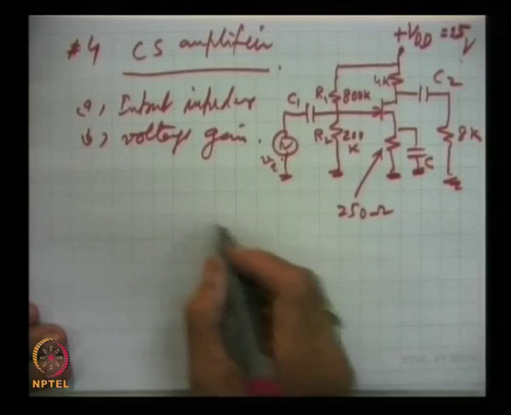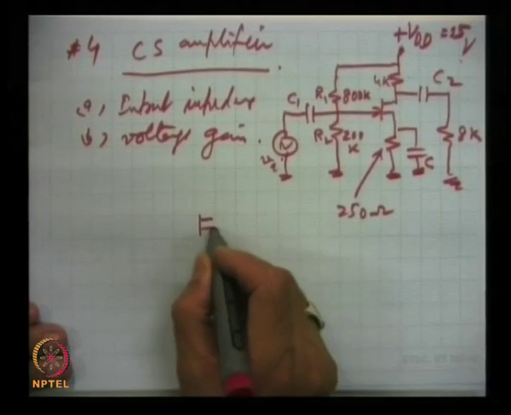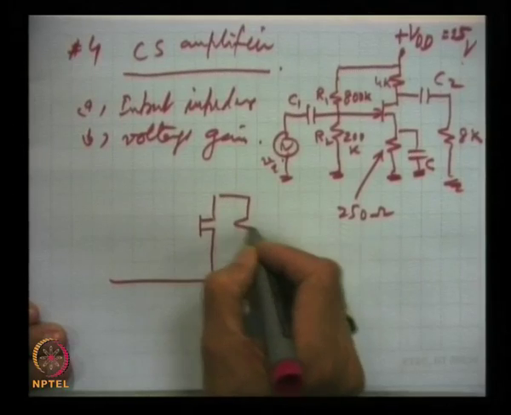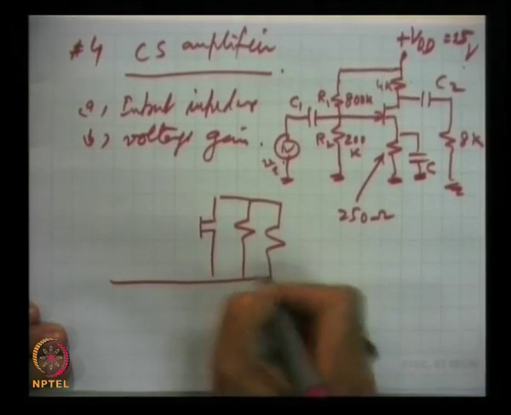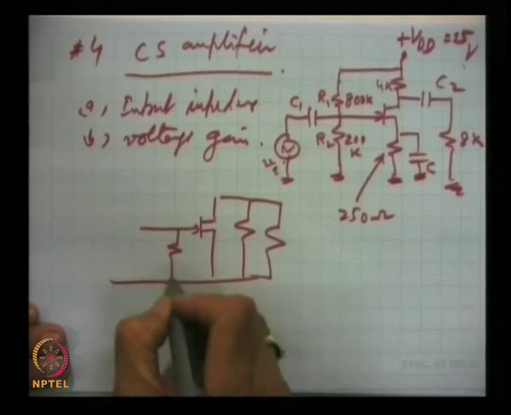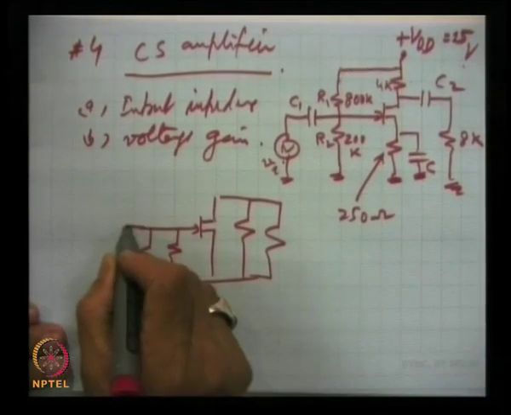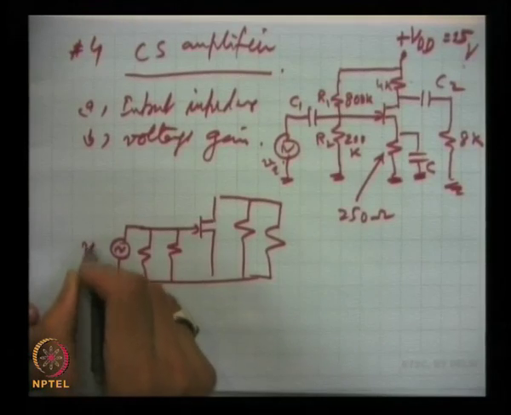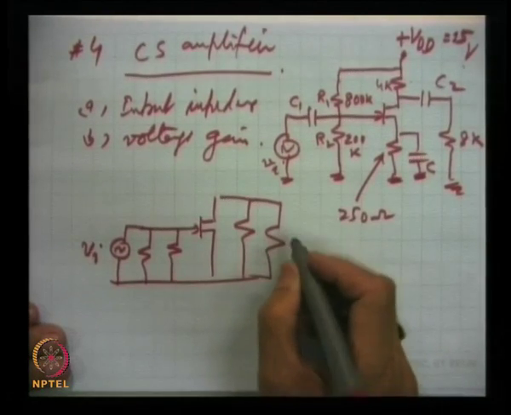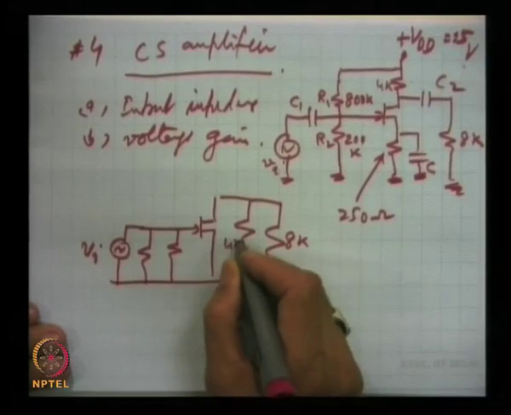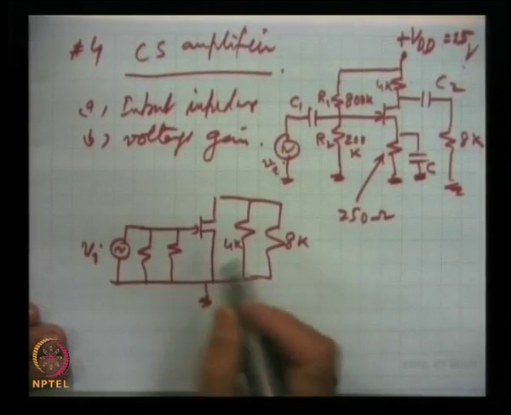So, we can draw a simple equivalent AC circuit. This is 8K, this is 4K, and this is all grounded.